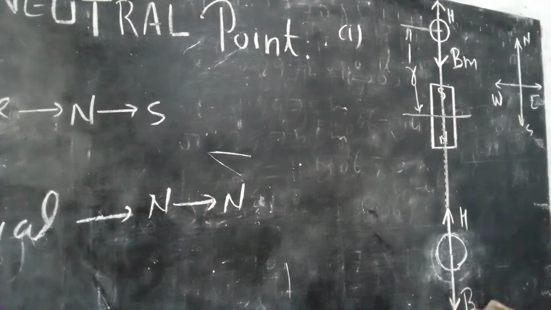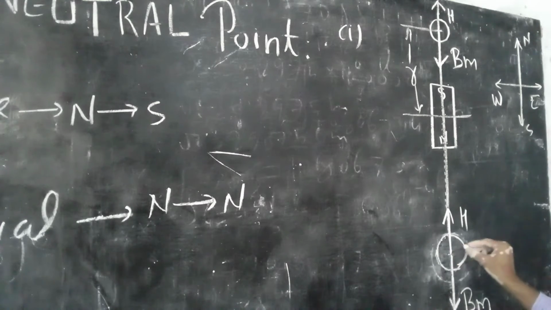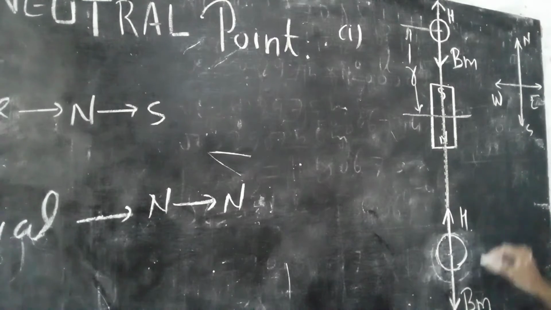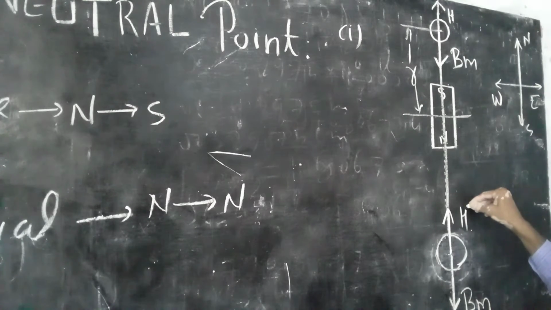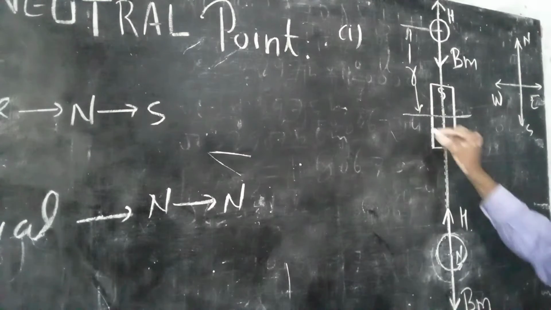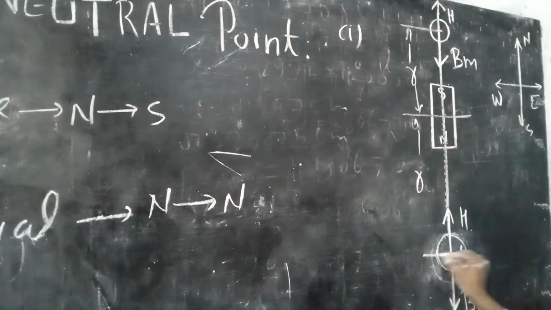The horizontal component of Earth's field is toward the north of the Earth. These two fields are equal and opposite, so you get the neutral point. This distance is also r.